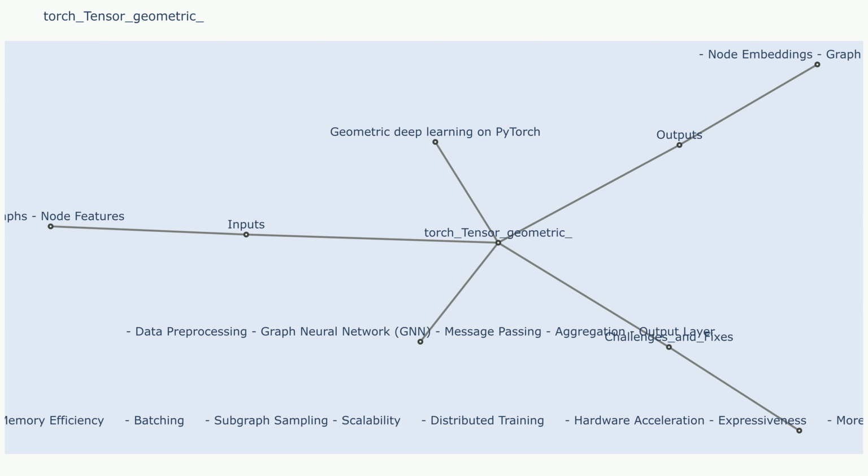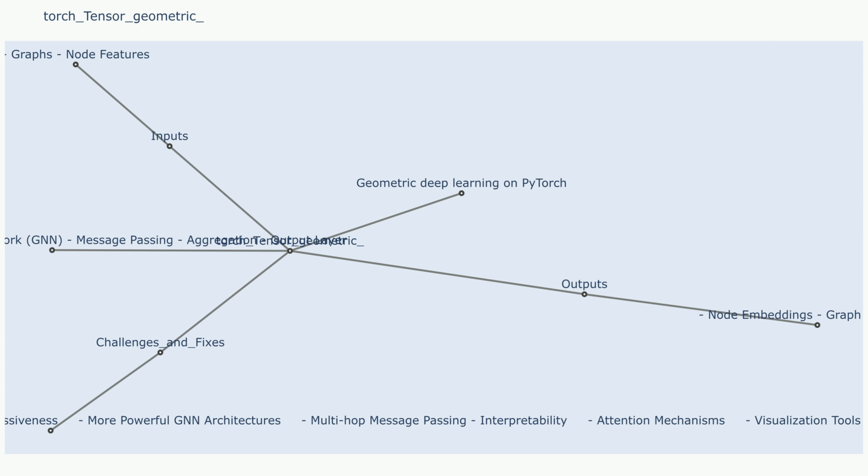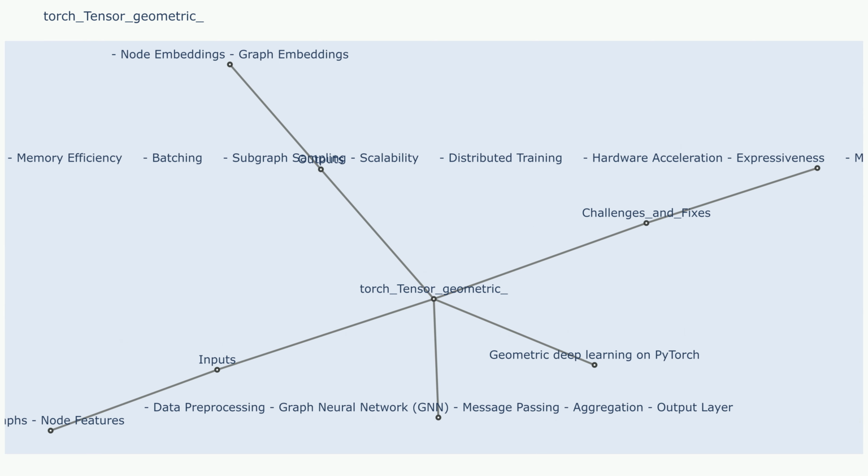Challenge 1: Overfitting to small datasets. When training on small datasets, the model can overfit to the training data and perform poorly on unseen data. Sample use case that resulted in Challenge 1: Training a GNN on a small graph dataset with a limited number of nodes and edges. Fixes to Challenge 1: Regularization techniques.